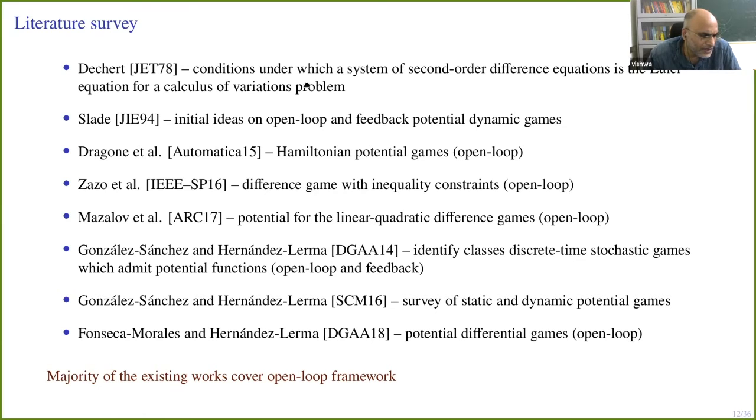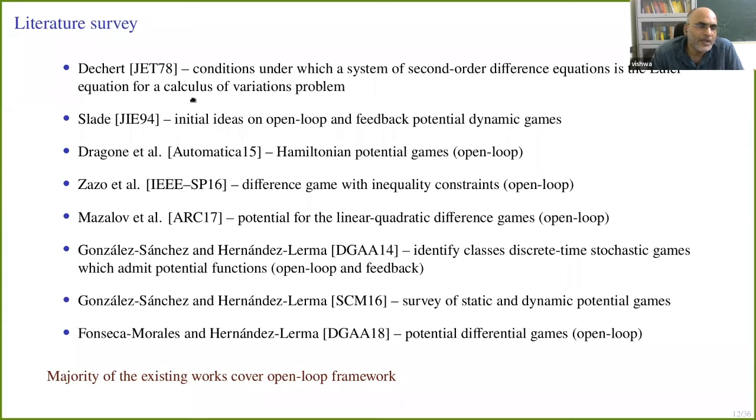In some sense, the work of Descartes also looks at a similar problem, where he tries to look at a system of second order difference equations, basically the Euler equations of a calculus of variations problem. So it's also an inverse problem actually.